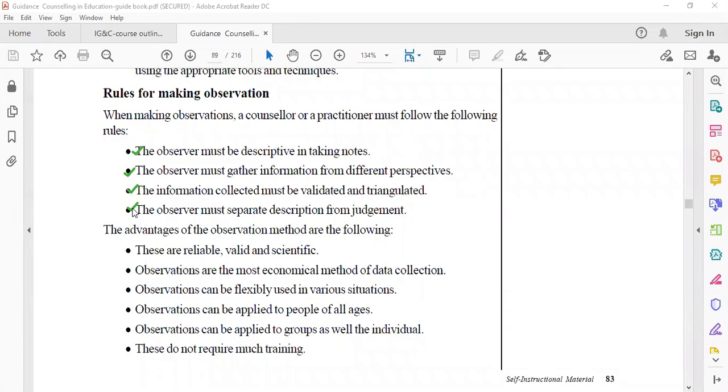Why is the observation method used? Because if we ask a student to fill in a questionnaire or give us information on paper, possibly that information is not so reliable.